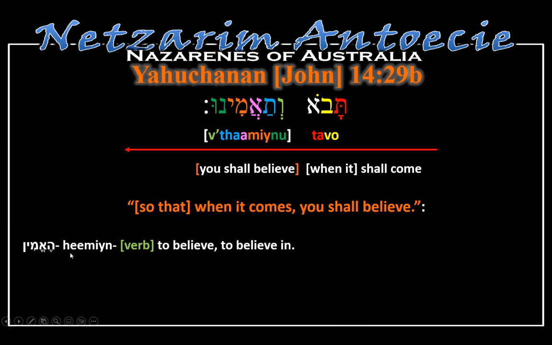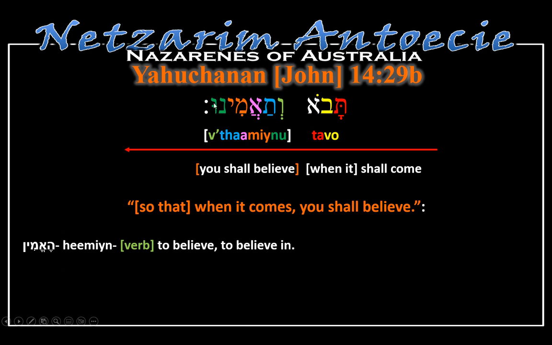And the root for the last word there is, of course, he'emin, which is the verb to believe in. So don't think that the nun is part of the suffix. It's part of the root word, which is he'emin.